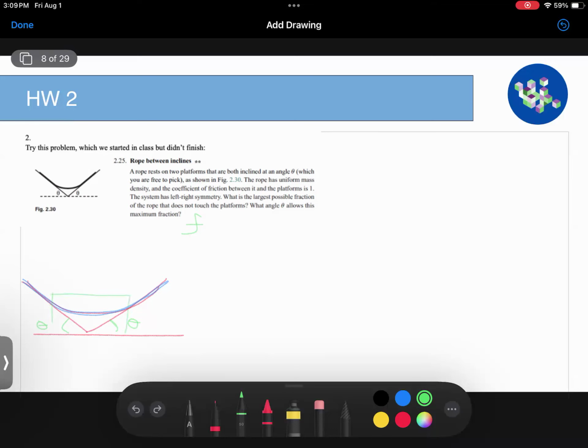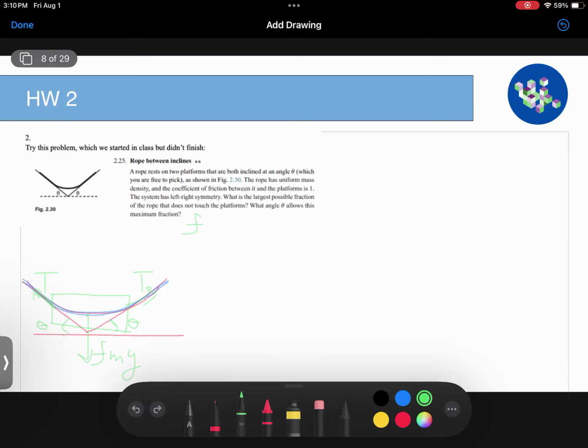That system, what will the forces be on it? Well, we'll have a downward gravity force, which will be f mg, right? It's only part of the entire rope, so it experiences only part of the entire gravitational force. And the other two forces on it are just tension, tension, and they have an angle theta with the horizontal, right?